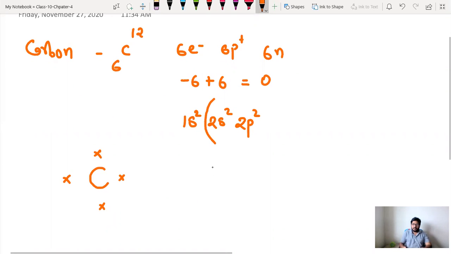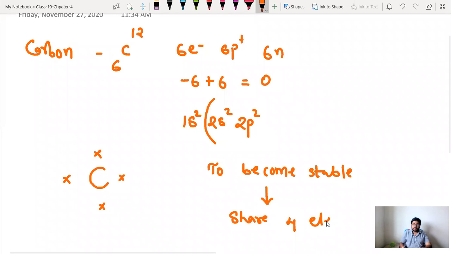Now this carbon, to become stable, will share 4 electrons with 4 other elements maybe, or it can share with 3 elements, with 2 elements, or with 1 element, something like that.